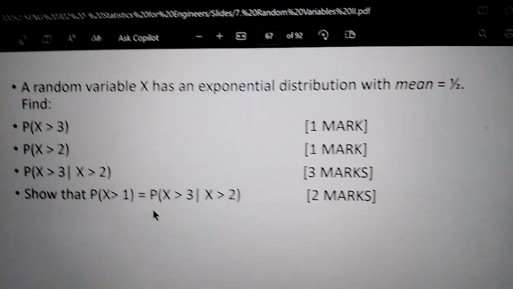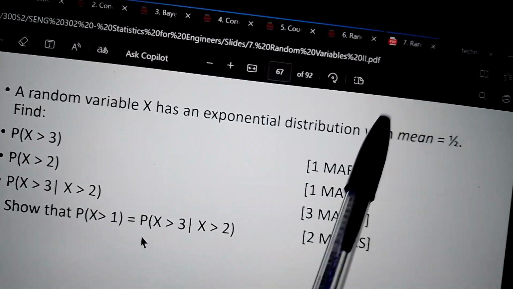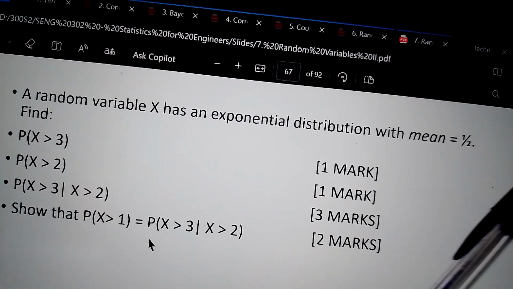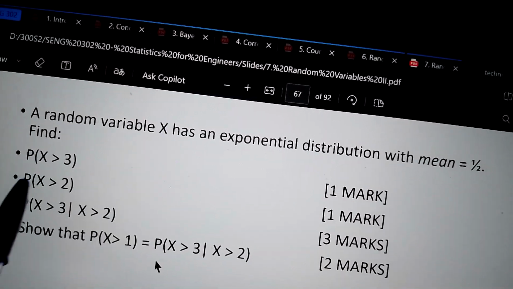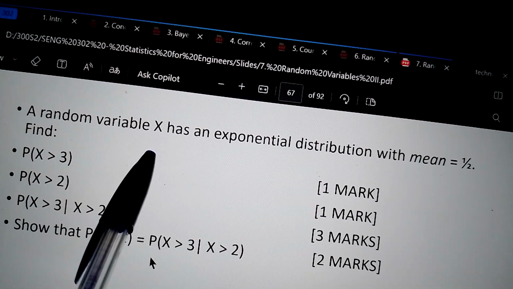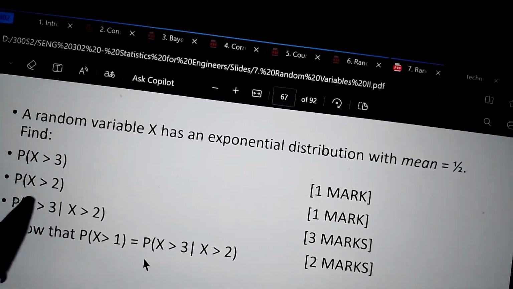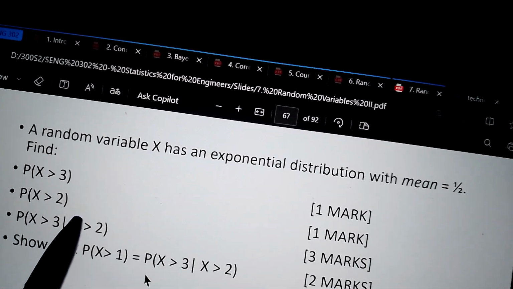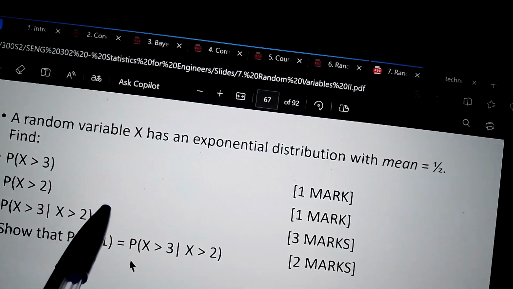Okay, let me just give an overview of how to solve this. Here your mean is a half, so your lambda will be 2. Since lambda is 2, you have e power negative 2 times x. So you have e power negative 6 here and e power negative 4 here. Over here is the probability that x is greater than 3, given that x is greater than 2.